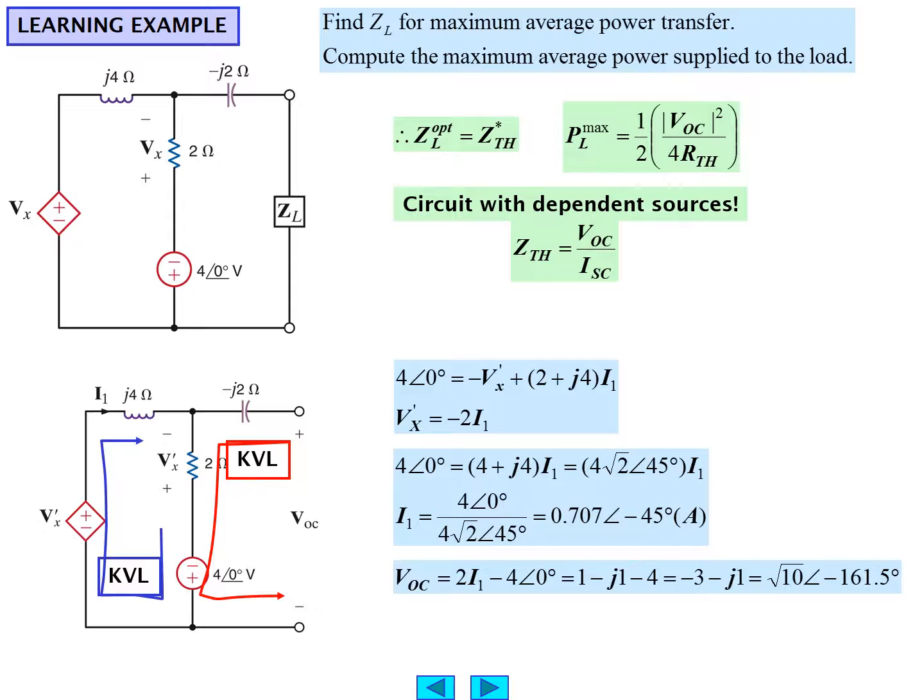And VOC turns out to be square root of 10 angle minus 165.5 degrees volts. So now we have the open circuit voltage, and we need to find the short circuit current. So the next thing we'll do is short circuit the terminals and determine what the short circuit current might be.